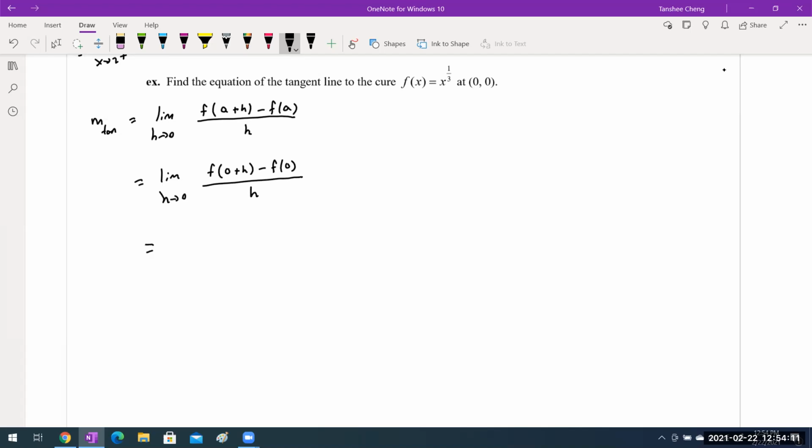So when I substitute into the function, the limit as h approaches 0, f of h is h to the 1/3 power minus f of 0. When I substitute 0, 0 to the 1/3 power is 0, all over h.